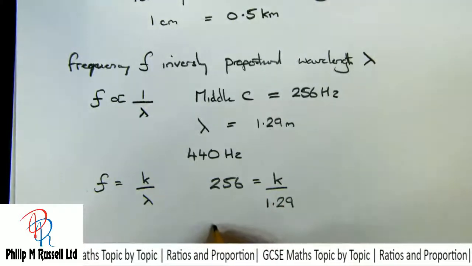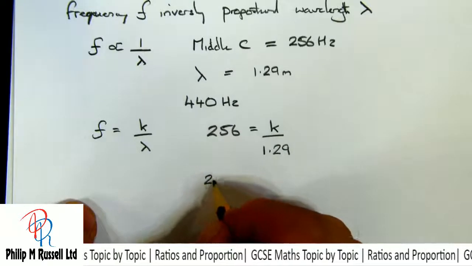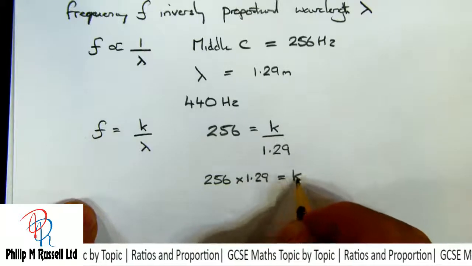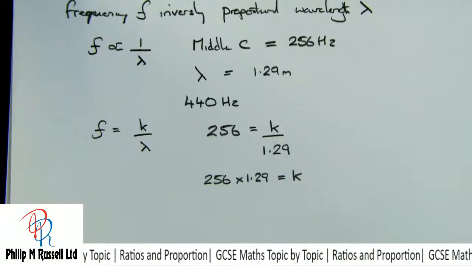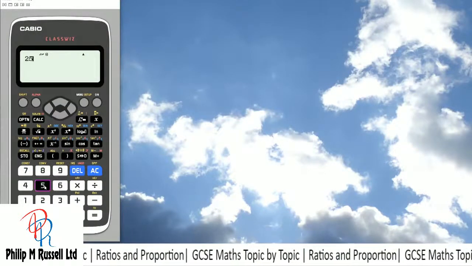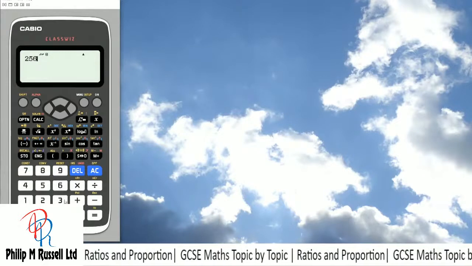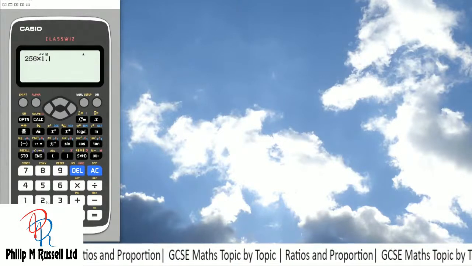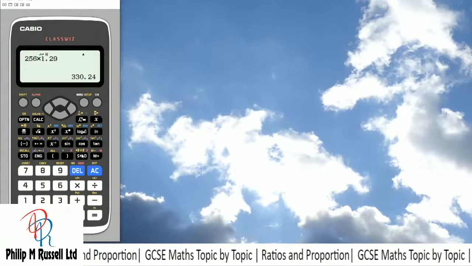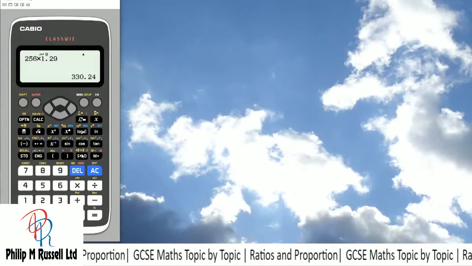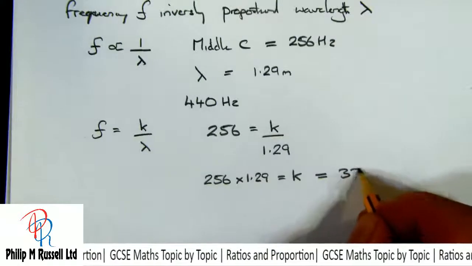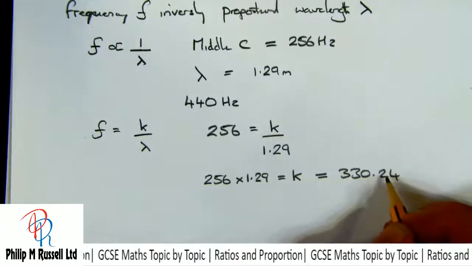K is going to be 256 times 1.29. That's going to give me K. Well, for that one I'm certainly going to have to use the calculator. So 256 times 1.29. And that's going to give me an answer of 330.24.